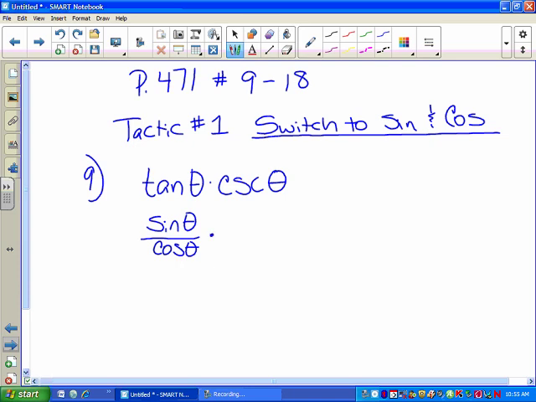And then what can cosecant theta, can you find one that switches out for that? We can, its reciprocal is 1 over sine theta. Now you see what happens? The sine theta cancels the sine theta, so I get 1 over cosine theta.